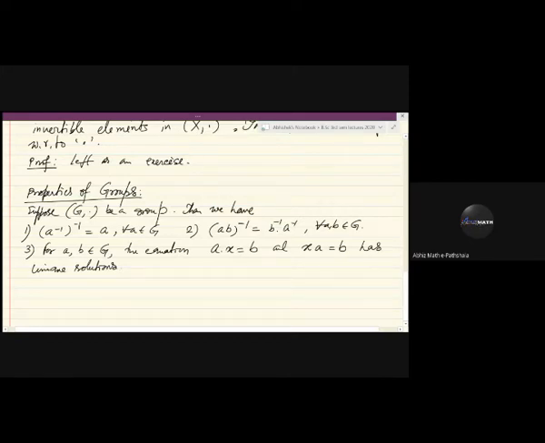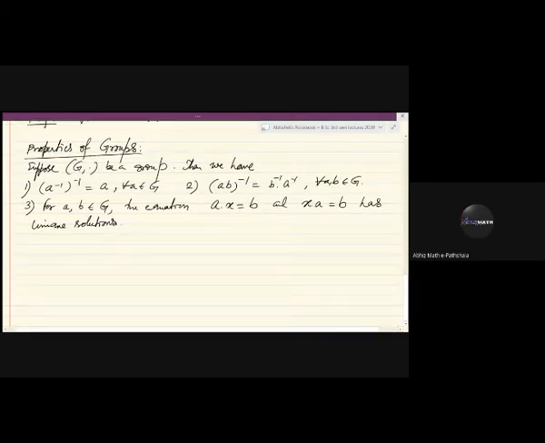So for any A, B belongs to G, the equation A dot x equal to B and x dot A equal to B has unique solutions. Okay. So let us prove one or two. I think I should leave one as an exercise. I think you can do that.